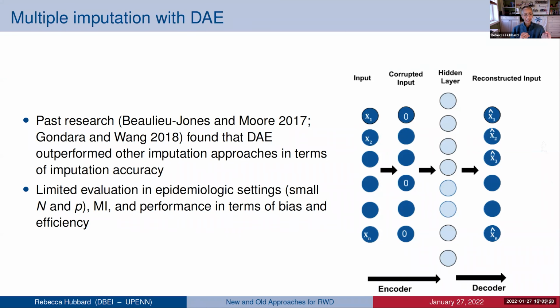I don't really care about the ability to predict the features that are missing, as long as at the end of the day, we get a good estimate of the parameter that we care about. So from my perspective, the performance of the model should be evaluated in terms of the bias and efficiency of the parameter estimate, in this case, for the hazard ratio of overall survival, not in terms of the predictive accuracy of the individual feature predictions.